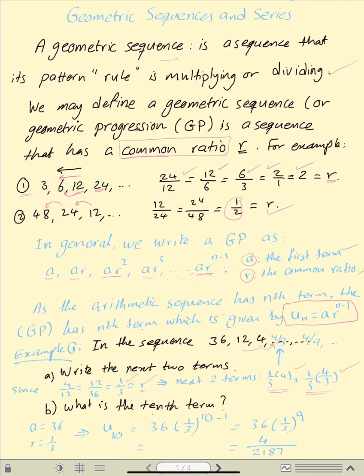The 10th term, U10, is equal to A times R to the power of 10 minus 1. A is the first term, which is 36. So it's 36 times a third to the power of 9. Use the calculator and you will get this value. This is the 10th term. Easy introduction.